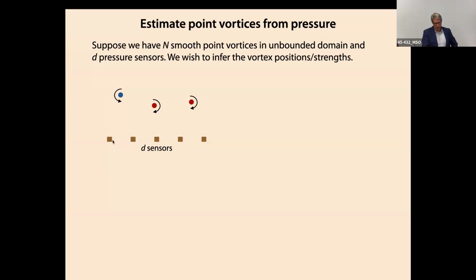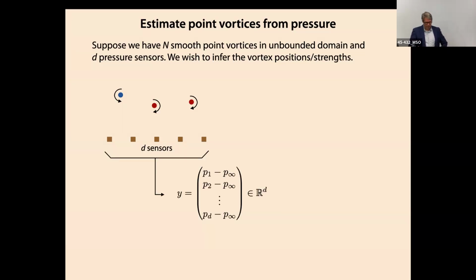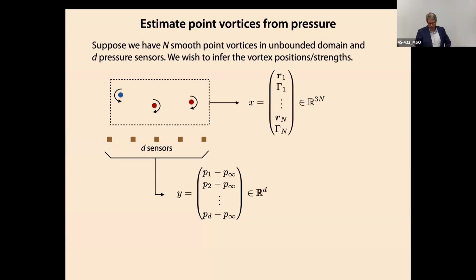So all I have are pressure measurements from these sensors and some noise, okay? They're noisy sensors. So this is my measurement vector, Y. I take those sensors relative to ambient pressure, and I'm trying to infer X, which is the positions and strengths. So that's the dimension of that, okay?